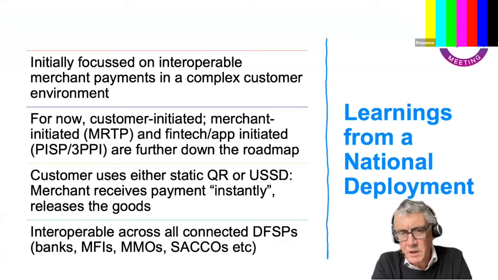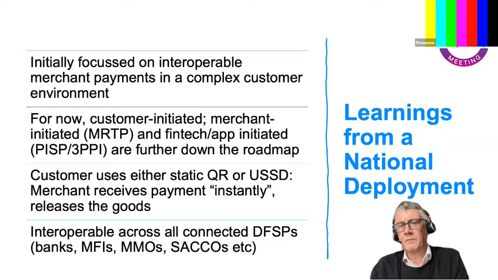Merchant initiated and fintech app initiated are further down the roadmap. We took the view that we should start on the more straightforward use case first. But an important principle is that the merchant receives the payment instantly and releases the goods. It must be interoperable, as I've already said, across all connected DFSPs.